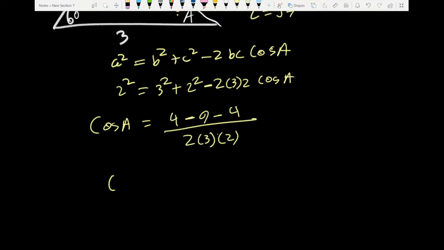So angle A equals cosine inverse of negative 3 over 4.